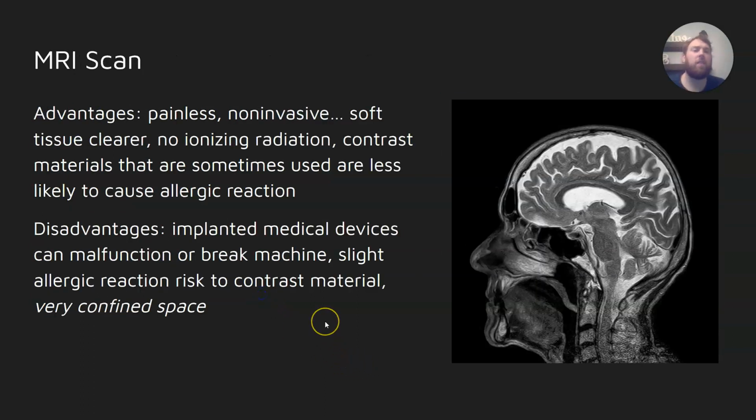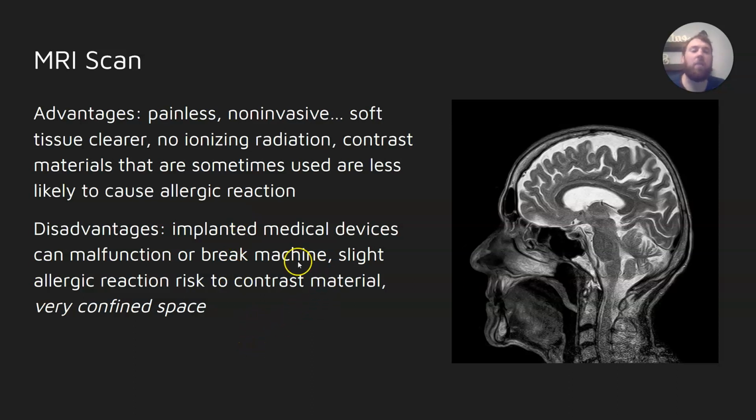Now, the advantage of this is it's completely painless and it's even more non-invasive than the other techniques that we've had. The soft tissue is going to be nice and clear, and there's going to be no ionizing radiation. The contrast materials that are sometimes used are less likely to give the allergic reaction. That's not no allergic reaction, but they're less likely to.